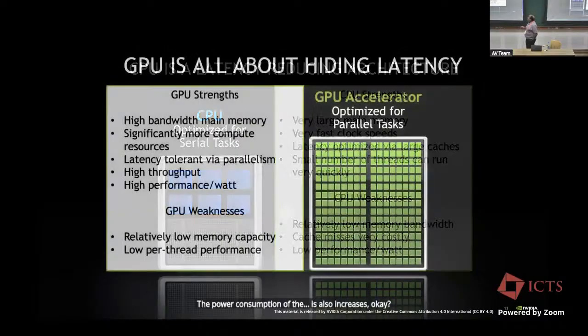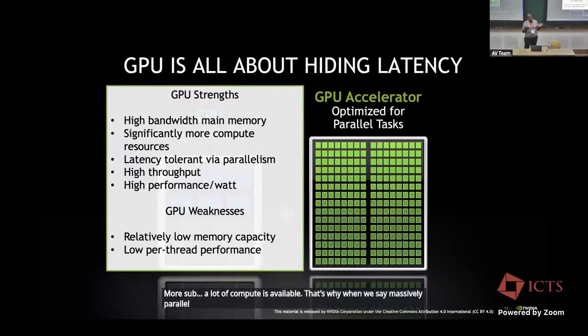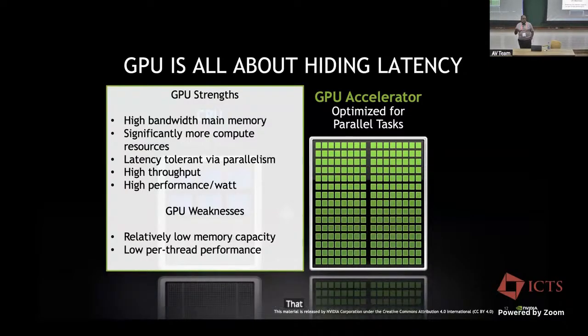On the other hand, the GPU has high bandwidth main memory, and a lot of compute is available. That's why when we say massively parallel, it will run very efficiently on GPU. That is, the ratio is similar to the number of cores, right?